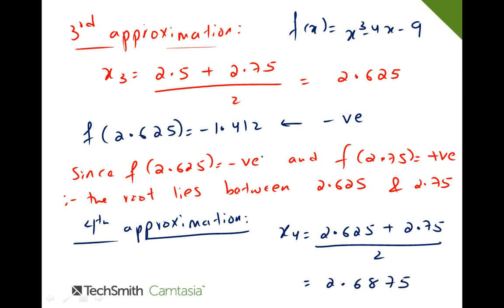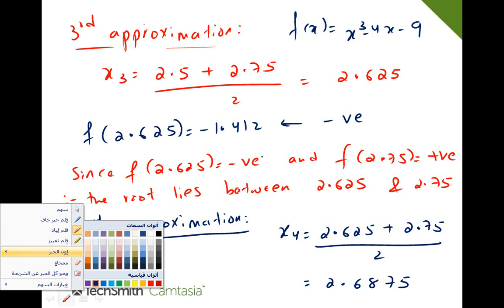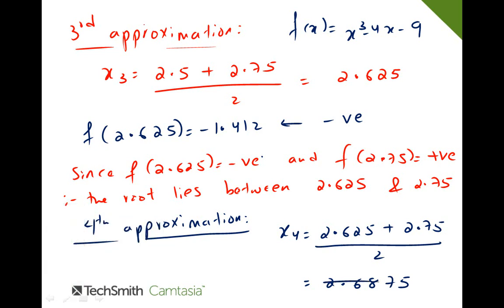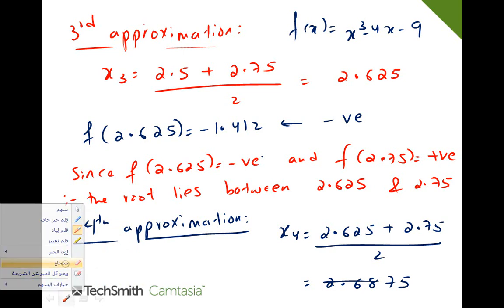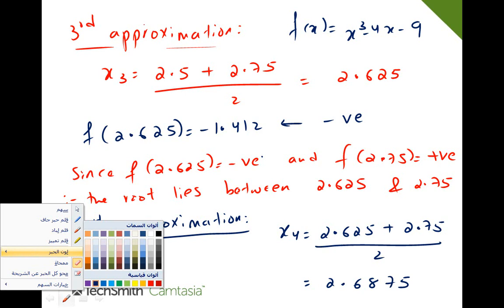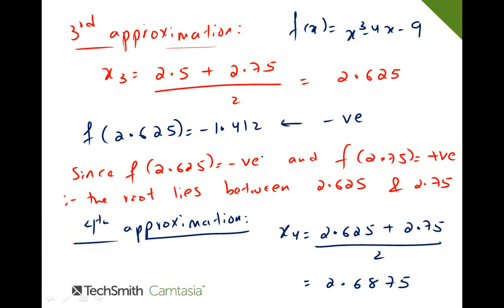2.6875. Good. Now here you can see for the first time I'm having four decimal places, 4 digits after the point. Trying to use this highlight. So here you can see 4 digits. Here I'm having 4 decimal places.